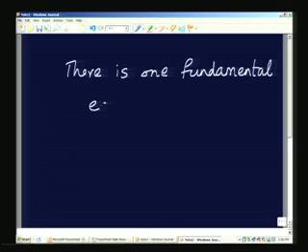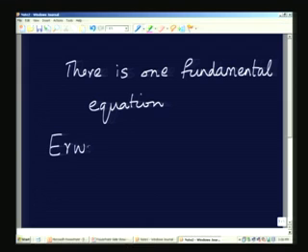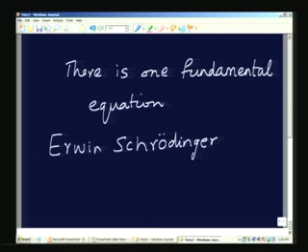One fundamental equation, by Erwin Schrödinger, proposed by him in 1926.